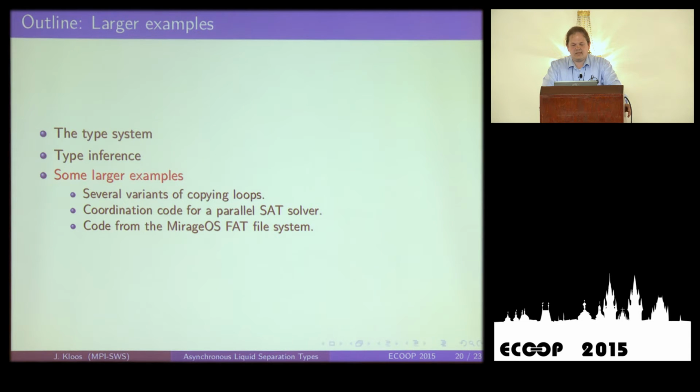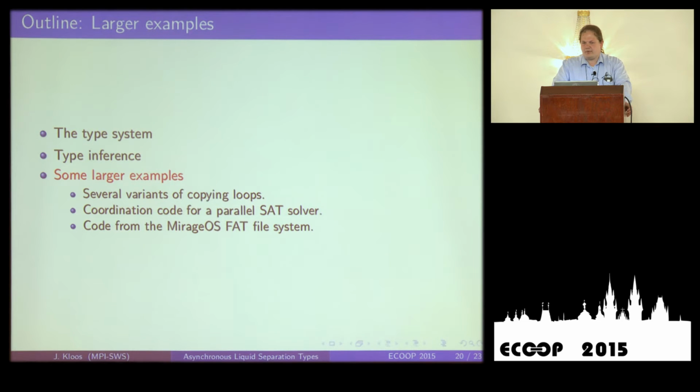One is coordination code for a parallel SAT solver. What we did there is we took an example from X10 that shows how to build a parallel SAT solver where you have several worker threads that independently try to solve a SAT formula, and every so often they will basically poll each other to see what the others have done and incorporate that data into their own operation.